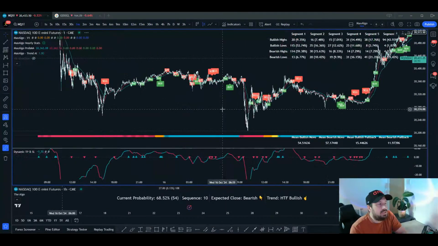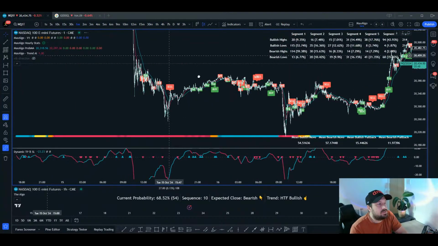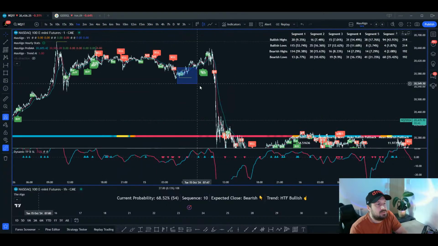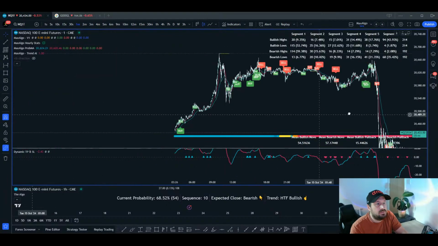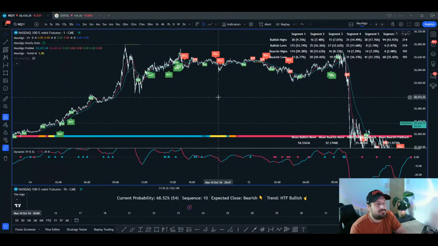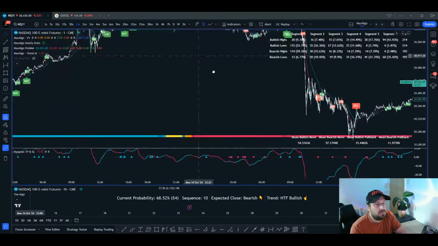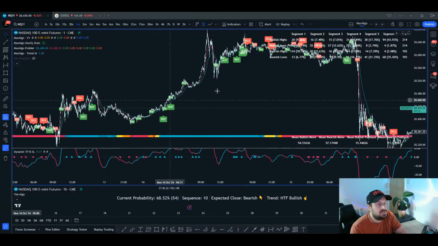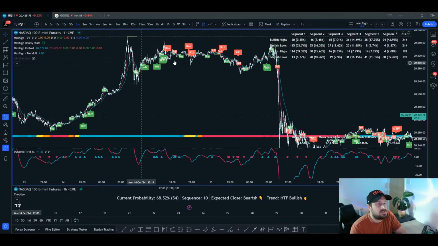So we had a corrective. Here it was. This is an absolutely perfect example. So we were bullish, and then we corrected, and I was waiting for us to have that correction. We'd had this obviously long move up. While we were here, we had this bullish move down. Then we started correcting.